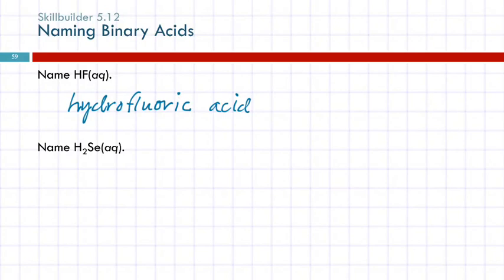Fluorine is one of the element names that's misspelled a lot. It's F-L-U-O-R-I-N-E. The common misspelling is like this. It's not flourine. That's flour, right? You make cookies out of that.